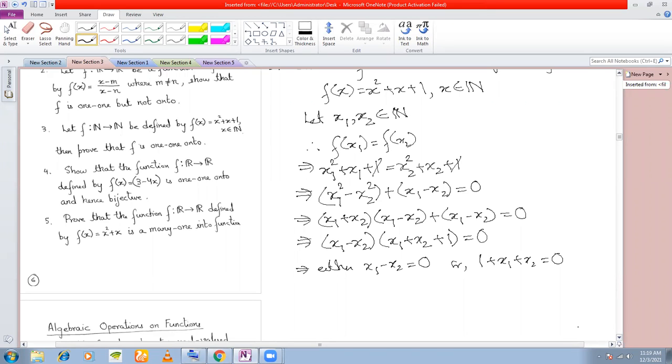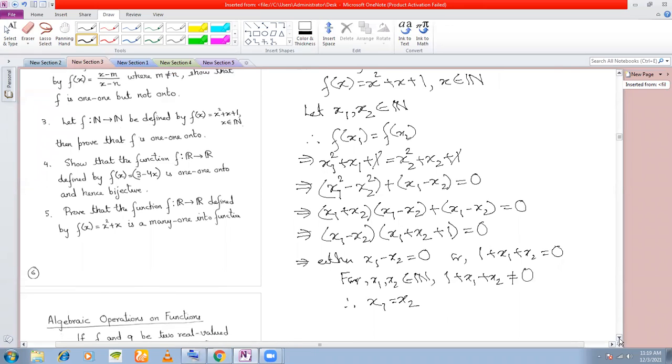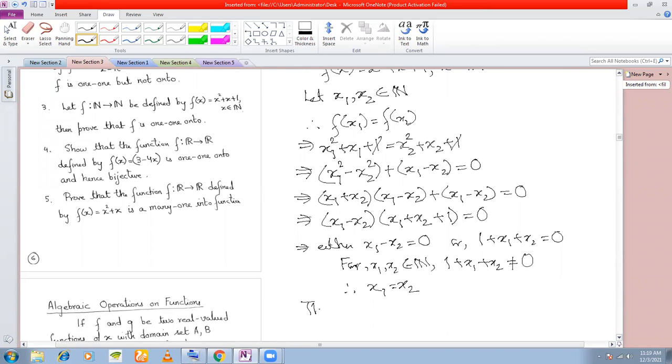You can't find any, right? So for x1, x2 belongs to N, the second part can never be equal to 0. 1 plus x1 plus x2 cannot be equal to 0. So therefore, we can definitely say x1 must be equal to x2. So thus, f(x1) is equal to f(x2) means x1 is equal to x2.